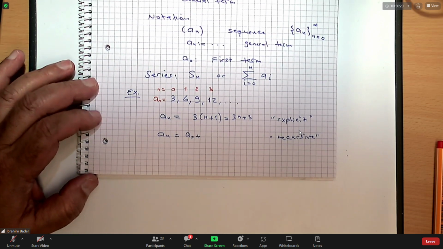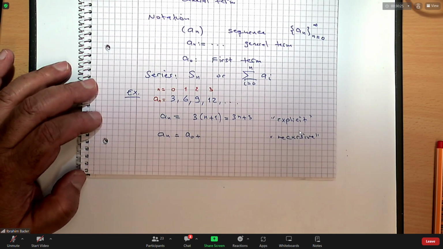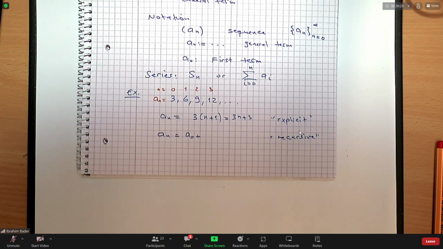Now, recursively, what does that mean? Notice that by recursive, this is a very important point, since I know you are studying informatics and programming. In computer science, we have two issues when we develop an algorithm. The first issue is correctness, that means, is this algorithm going to give an output for each input?